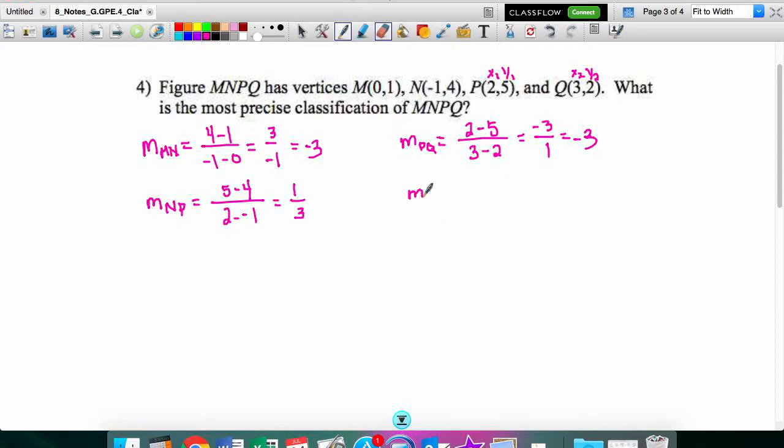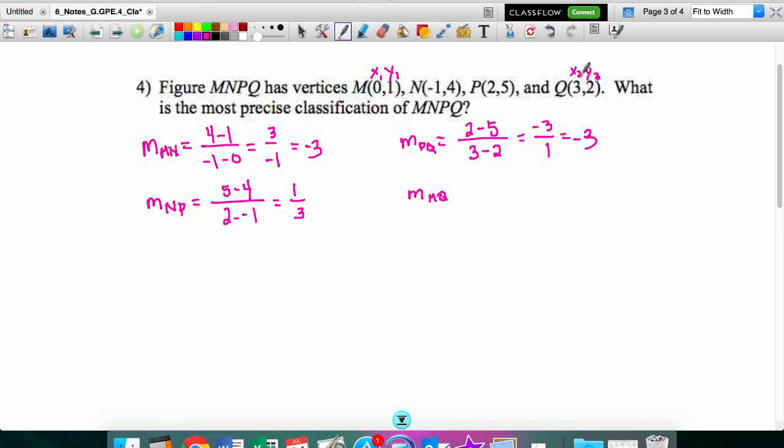One last slope to calculate, and that would be MQ or QM. Last time, relabel your points. x1, y1, and x2, y2. By the way, it doesn't matter which point out of the 2 points is your x1, y1 or x2, y2. It just matters that you're consistent.